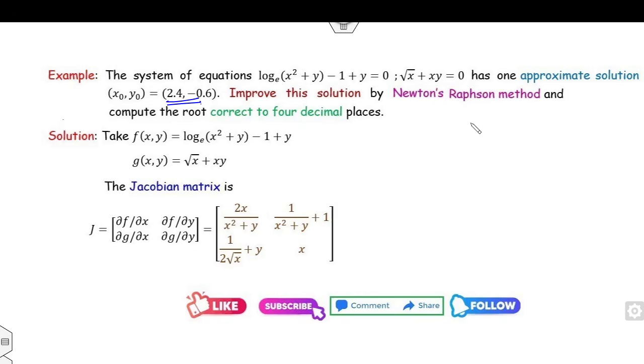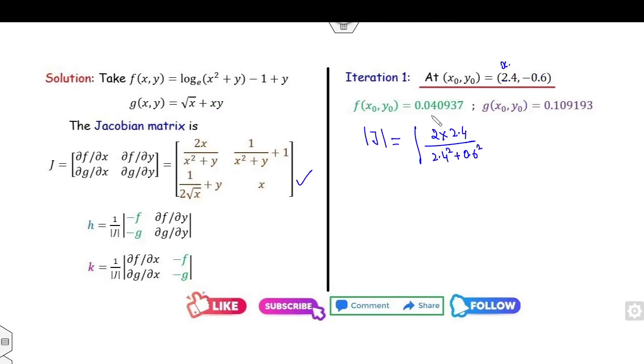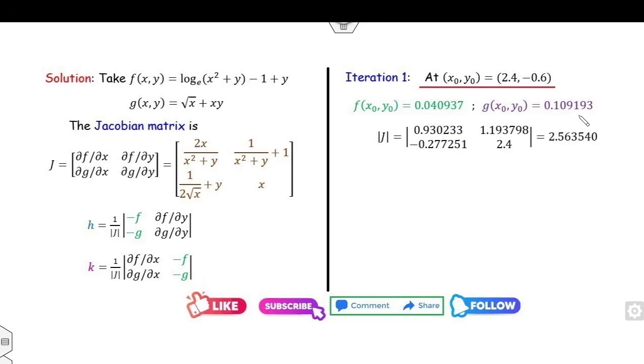How many decimal places are they asking you? They are asking you for 4 decimal places. That means your calculations are needed up to 6 decimal places. So you can see, I have computed up to the 6 decimal places.